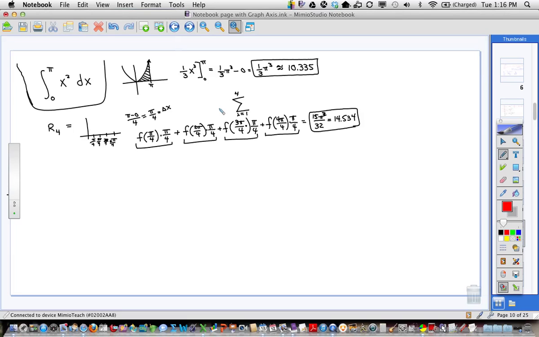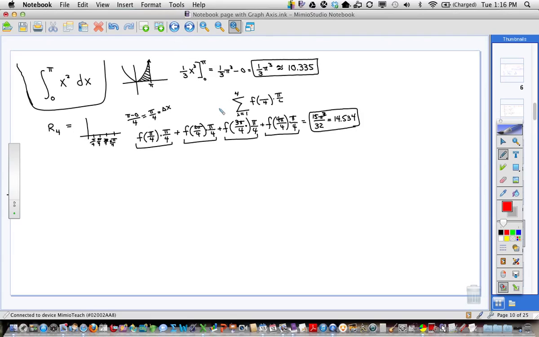What do you see in there that's a 1, then a 2, then a 3, then a 4? The number of pi's on top. What about the f? Does that change in any of them? The parentheses? What about the 4 on the bottom? What about the pi fourth's width?